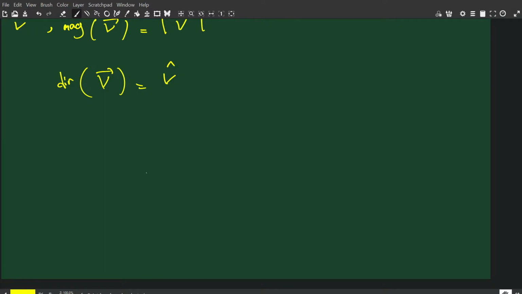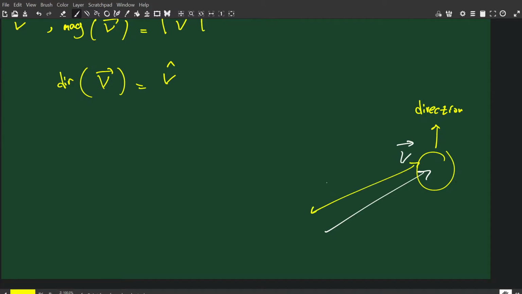So if we want to start, we show vectors graphically with an arrow. For example, this is the v vector. This tiny hat at the end of the arrow shows direction, and also the length of the arrow shows the magnitude of a vector.